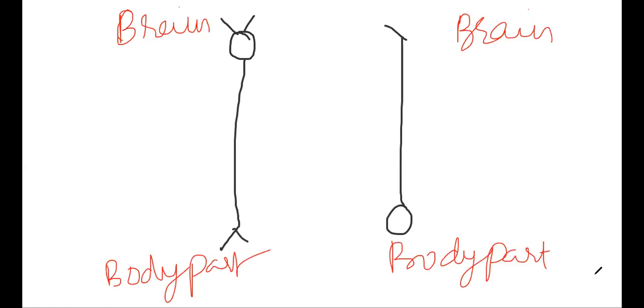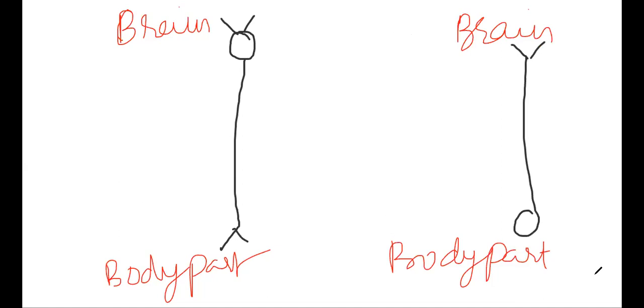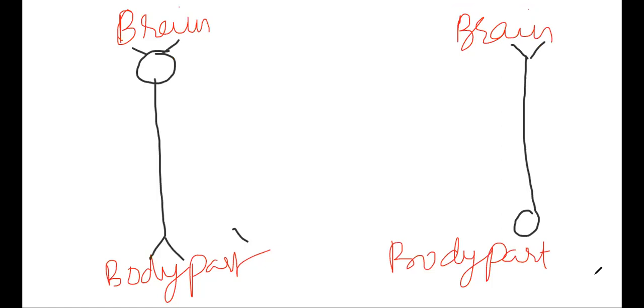Let me draw here, which will be optimum, exactly from the brain to the body part. I'm giving two options to you, A and B. Options two are there: sensory nerve fiber, motor nerve fiber.